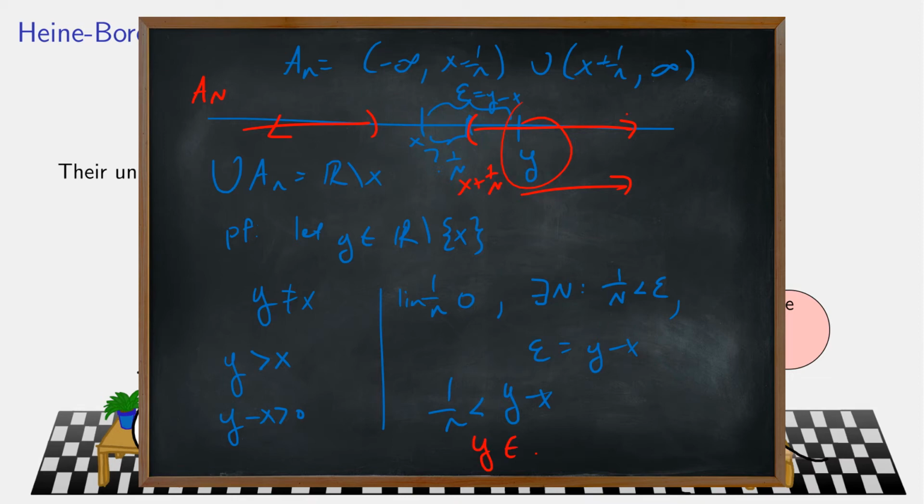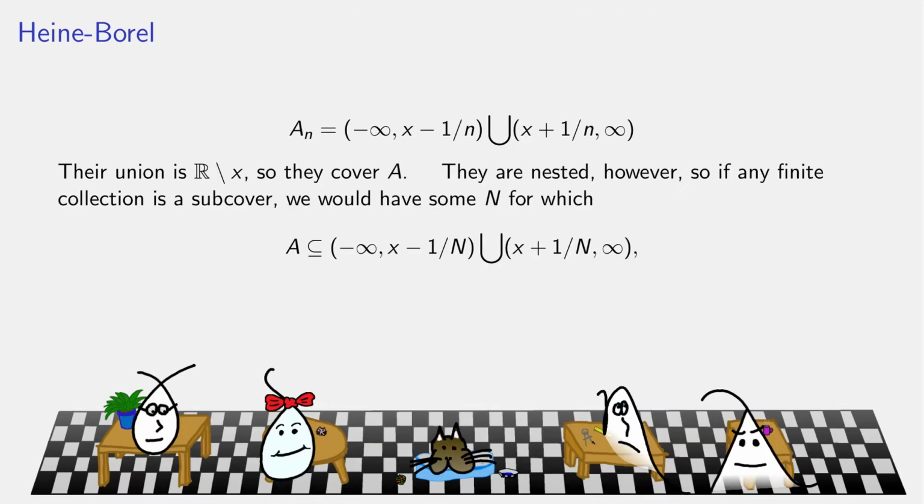So y belongs to the set A sub N, and therefore y belongs to the union of all of the A sub n's. So any y that isn't x exactly belongs to one of these. In other words, they form an open cover of everything except for x. And again, since x was not in the set A, if I cover everything except for x and x isn't in A, then I've covered A.